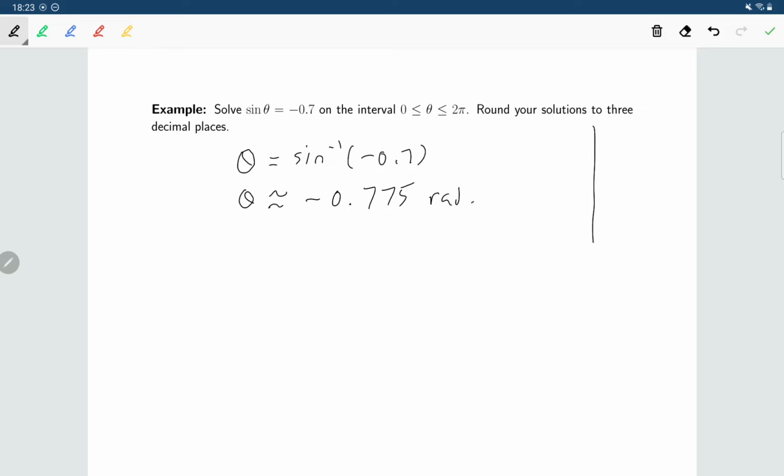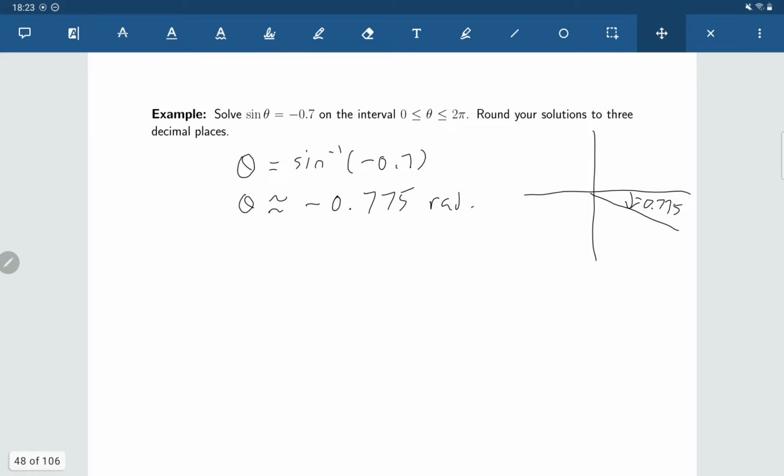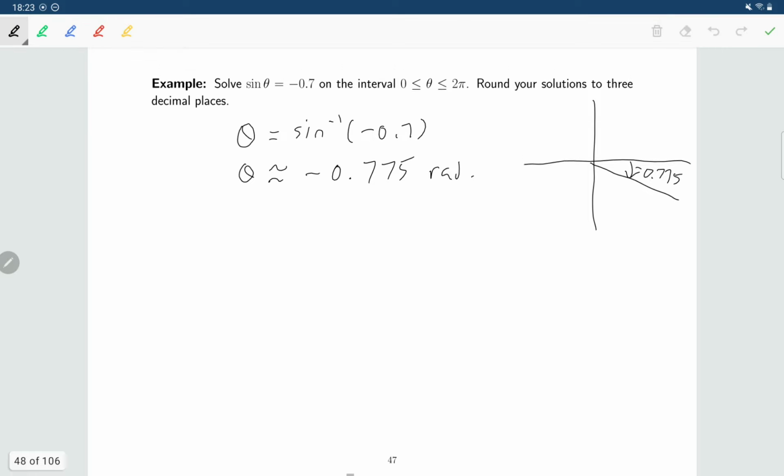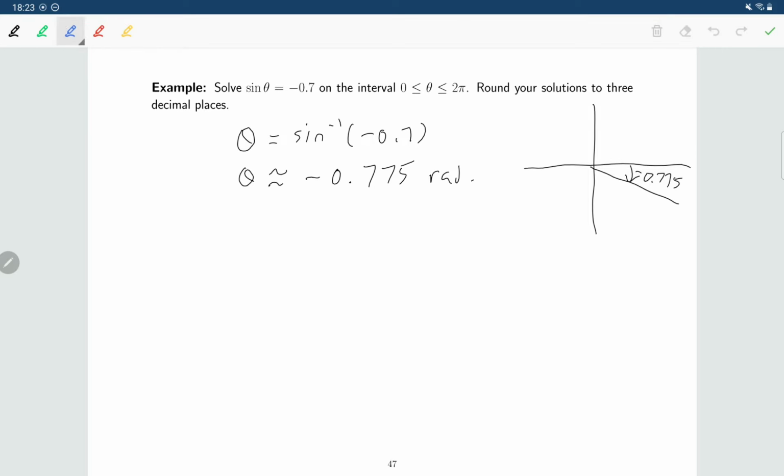So the angle that I found is negative 0.775 radians, but of course that's not a number that's inside this interval from 0 to 2 pi. So I'm going to need to think about what my two solutions are. I know that there are two solutions because between 0 and 2 pi, there are two quadrants where sine happens to be negative. One is in quadrant 3 and the other is in quadrant 4.